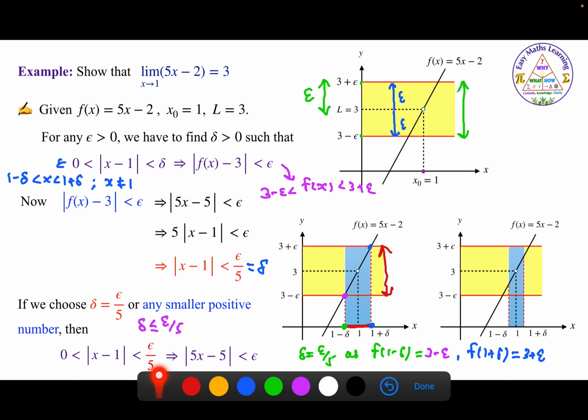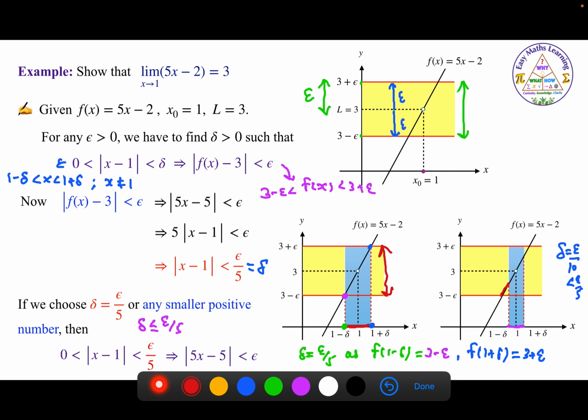Also, when delta is a smaller positive value, say epsilon by 10, less than epsilon by 5, you can see that for these values of x, function values are still inside the vertical band.